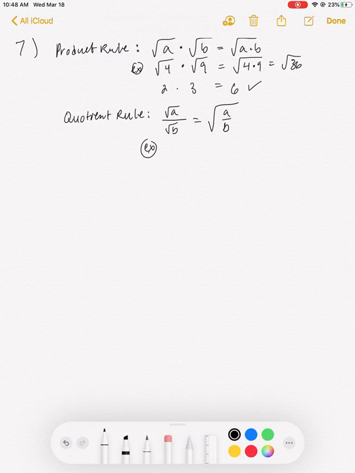Let's do 36 over 9. We're going to do the square root of 36 as the numerator and the square root of 9 as the denominator. That should be the same as the square root of 36 divided by 9.